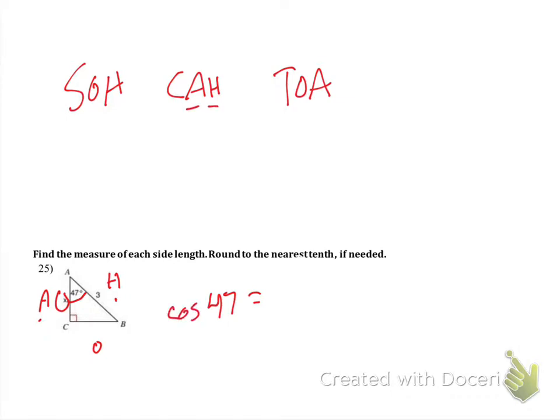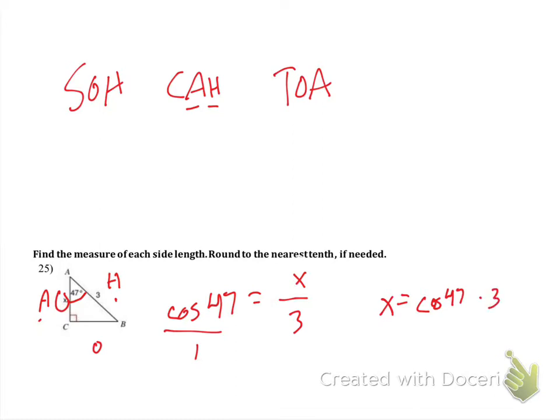So I'm going to do cosine 47 is equal to the adjacent, which is x, over my hypotenuse, which is 3. This is over 1, so let's just cross multiply here. X is equal to cosine 47 times 3.